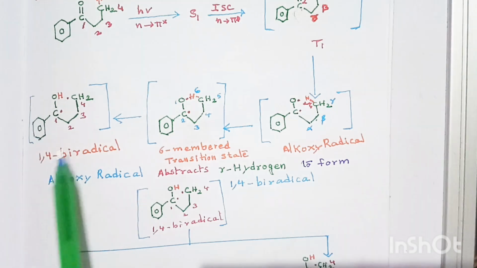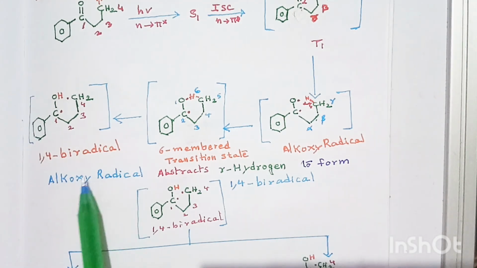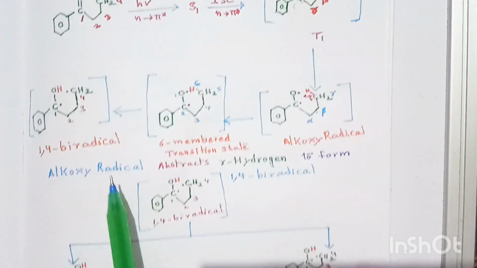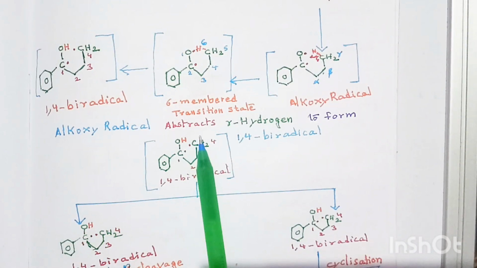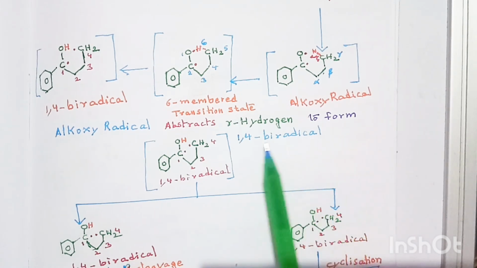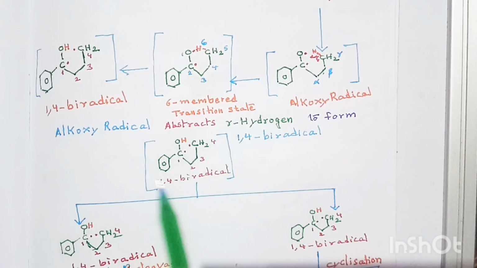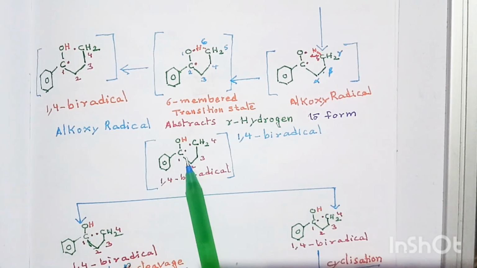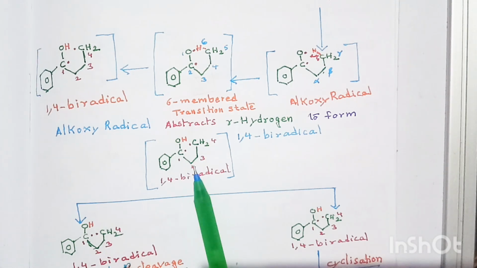So we can say the alkoxy radical abstracts gamma hydrogen to form a 1,4 biradical. This is the 1,4 biradical: C6H5, COH radical, CH2, CH2, CH2 radical.